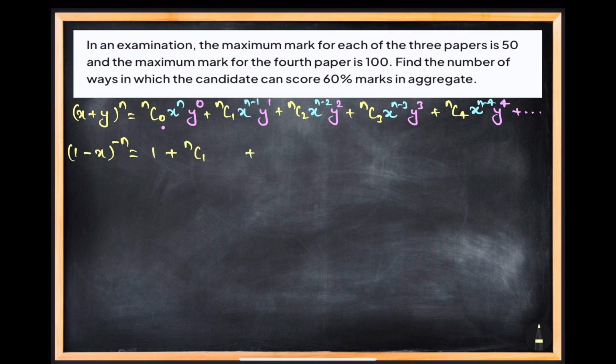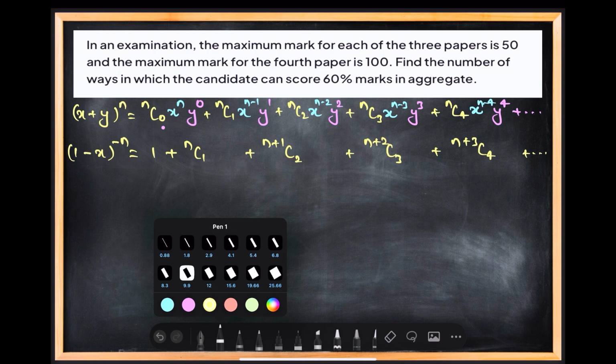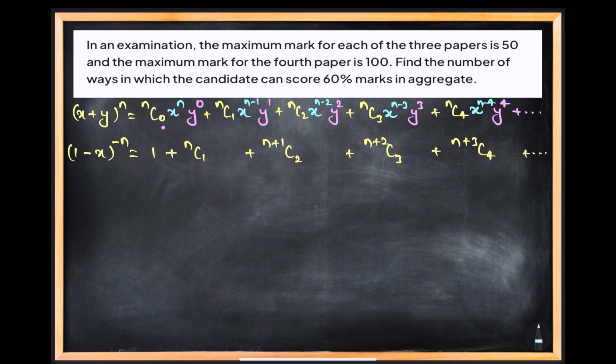Now you have to increase the upper subscript and lower subscript both by 1: n plus 1 C2, n plus 2 C3, n plus 3 C4, dot dot dot. If you observe, the upper subscript is n plus 1 less than the lower subscript.